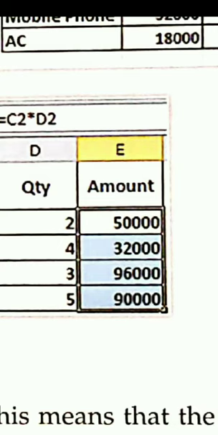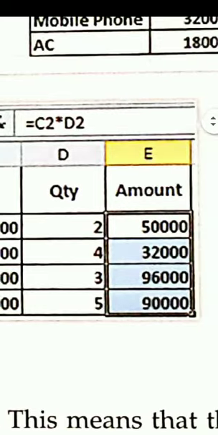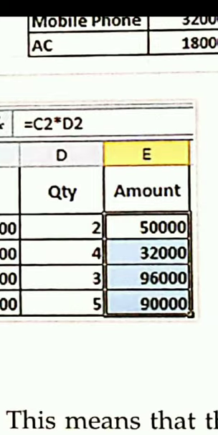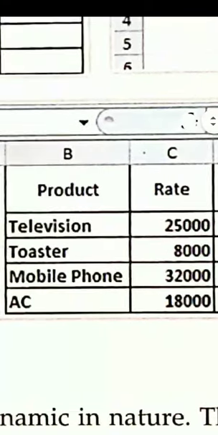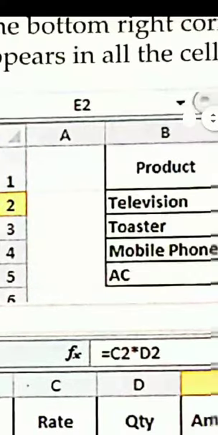When it is copied here, suppose in 32,000, it will automatically be C3 into D3. When you put your cursor at E3, the address which is shown here as C2 into D2 will be C3 into D3.